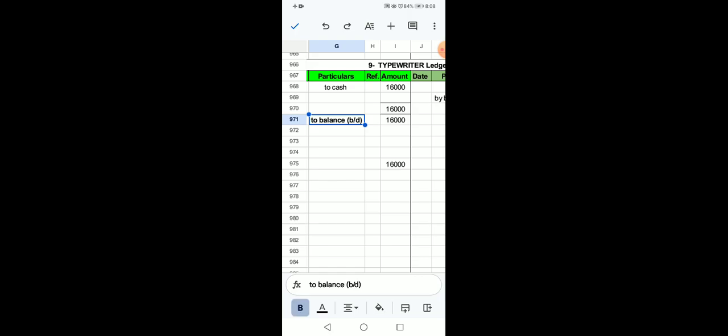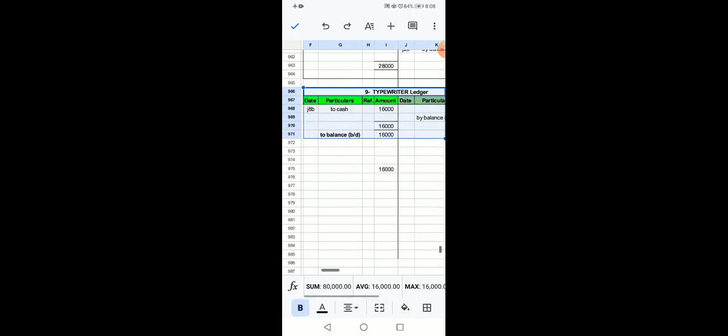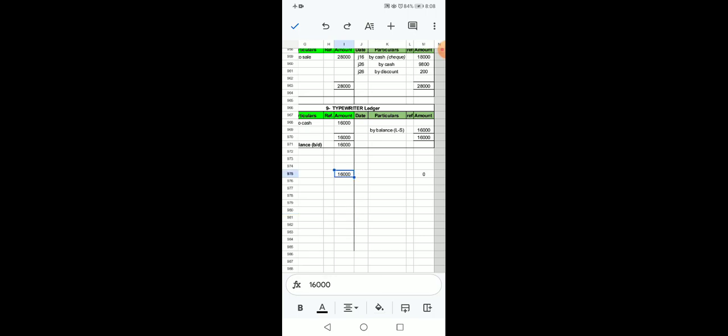This was the requirement of making the typewriter's ledger. Requirement completed, purpose fulfilled. Now mark it as done by putting a closing line after it. These two balances were written just for reference as they are not needed now, so we have erased them. Typewriter was the 9th ledger.